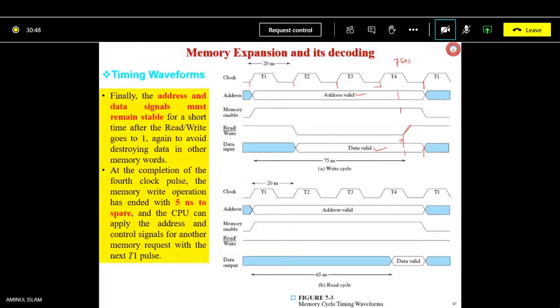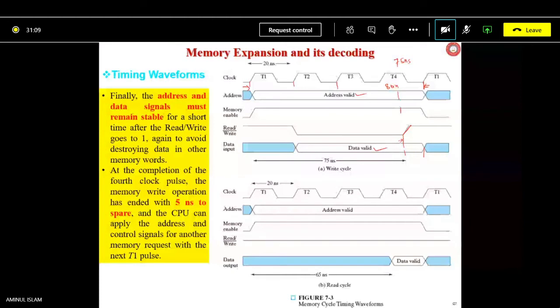But from here to here, it is 80 nanoseconds. The clock period is 20 nanoseconds, as mentioned here, so four periods is going to be 80.